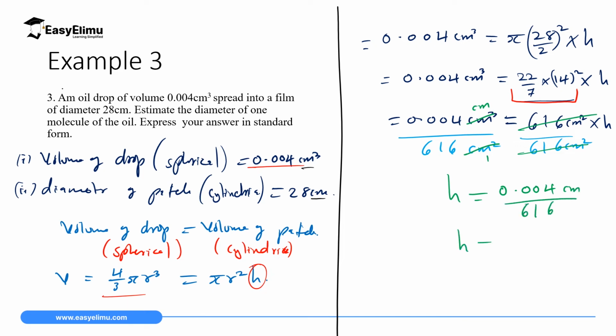And if you solve this, the size or the diameter of this oil molecule in standard form will be 6.4935 times 10 raised to power 6 centimeter. So that will be the thickness of the oil molecule in standard form.